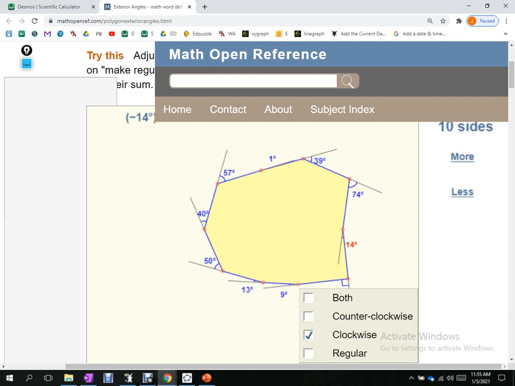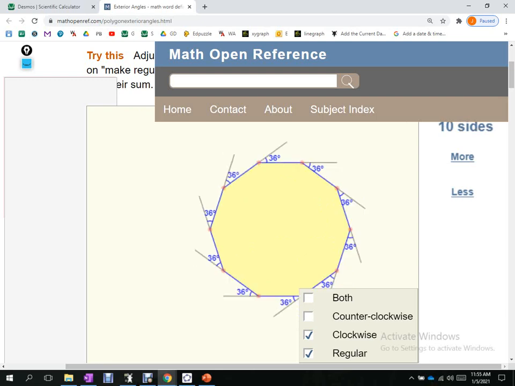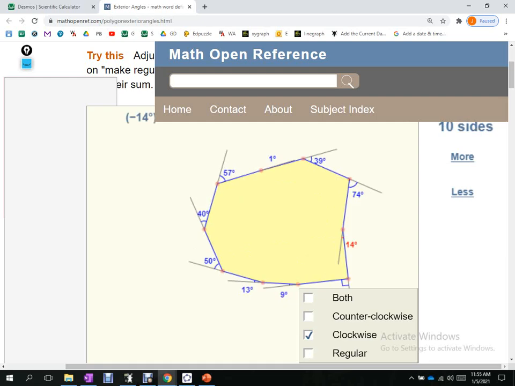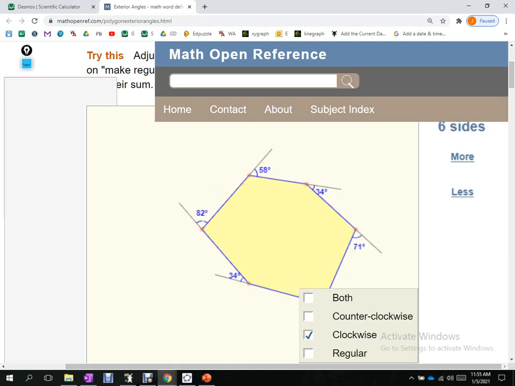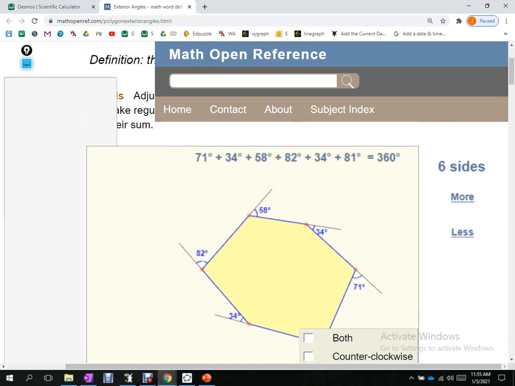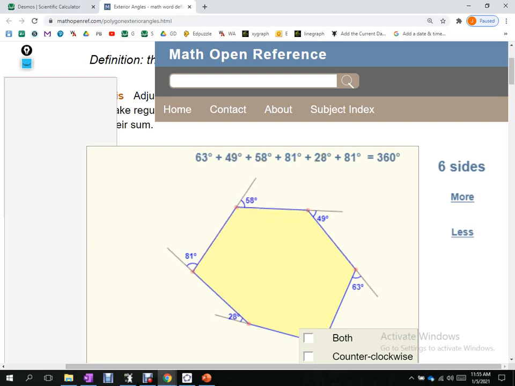That kind of makes sense, especially if we make it regular. So I'm just going to look at one of them going clockwise, and let's go with, how many sides we got? 6 sides here. What it does is it calculates what all of these angles are, using essentially a protractor idea in the background.